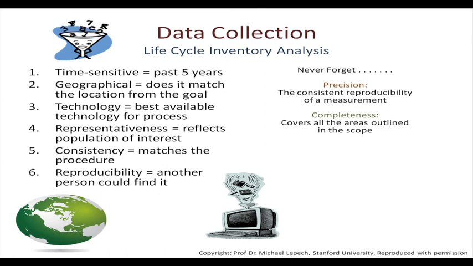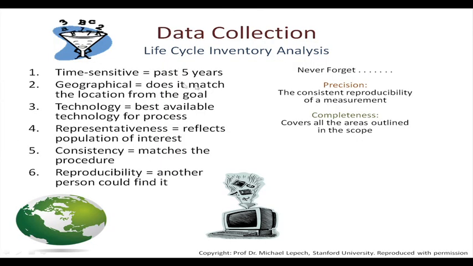So the data has to be geographical. One of the most important parts is your energy mix. If you are using the energy data, say for example in Indian context, we still use our coal based thermal power plants as one of the major sources of energy, but that's not the case in many other countries. If you go to the Western European countries, we have more nuclear, some places we have more hydro.